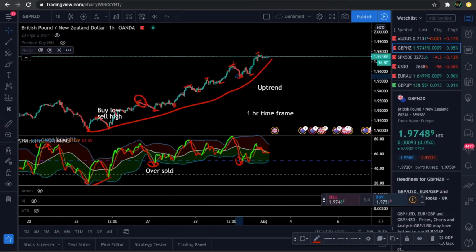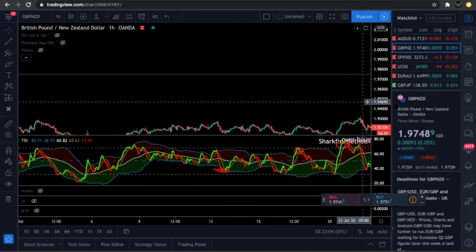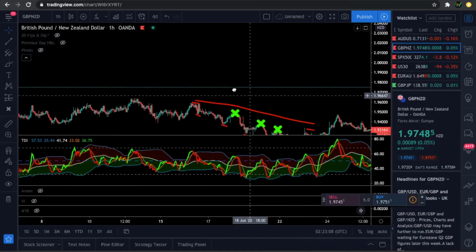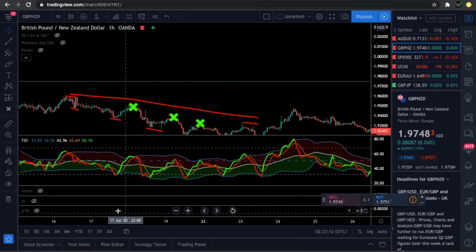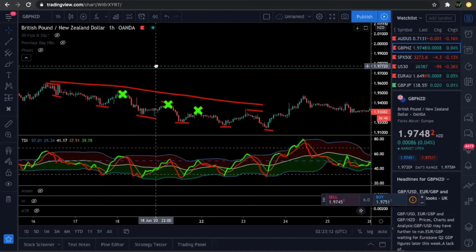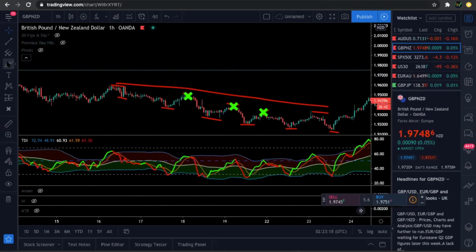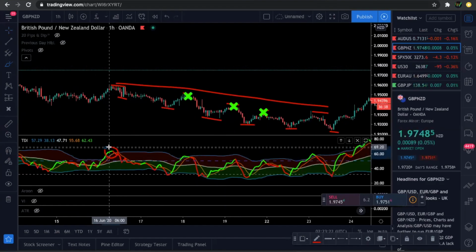Now let's say an example of a downtrend. Shark fins for the overbought area. Okay. Now, like I said, it won't always be outside of the water because it's a momentum indicator at the end of the day.